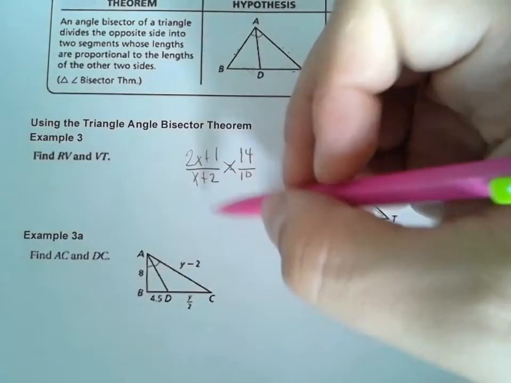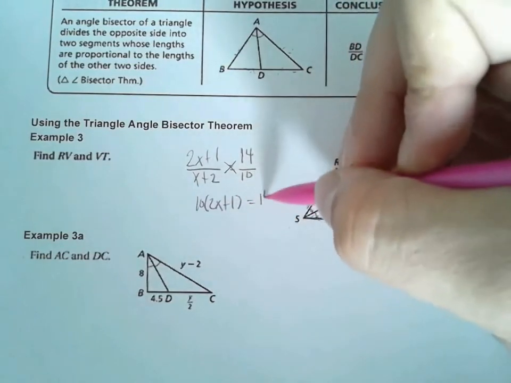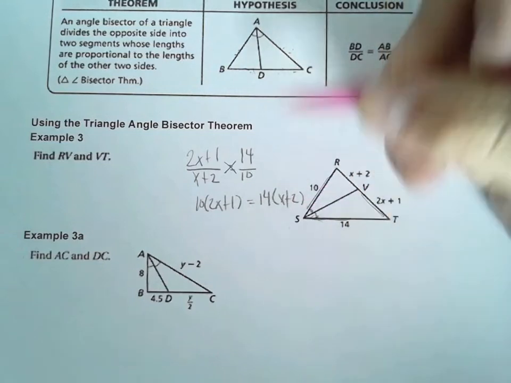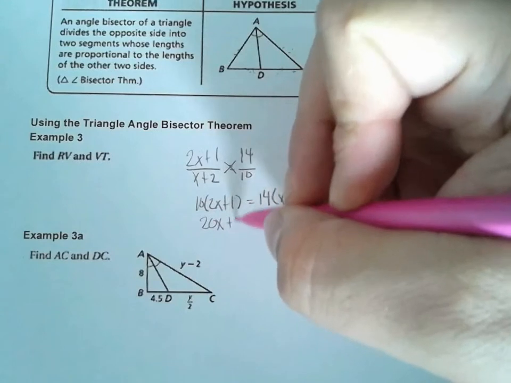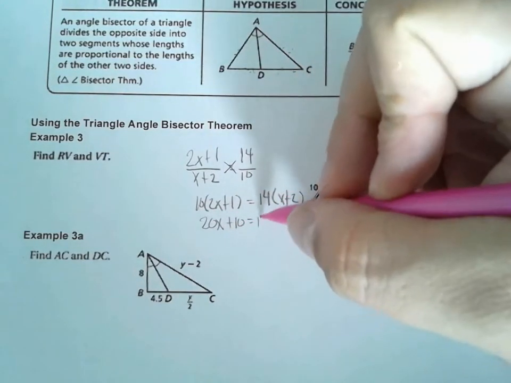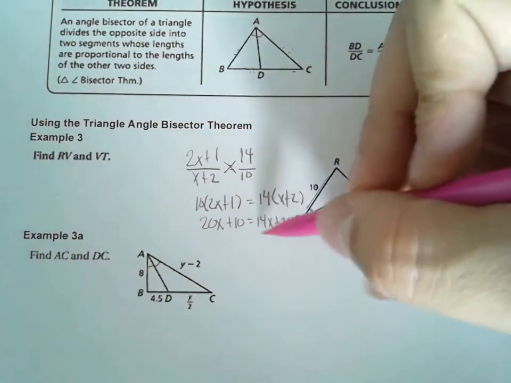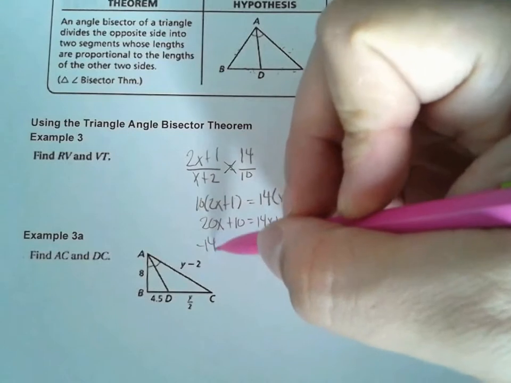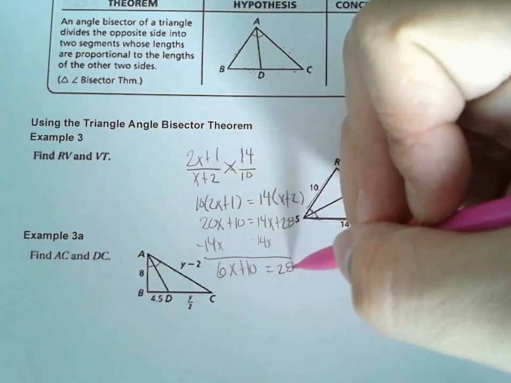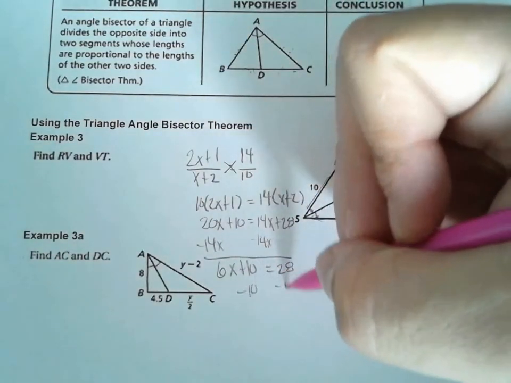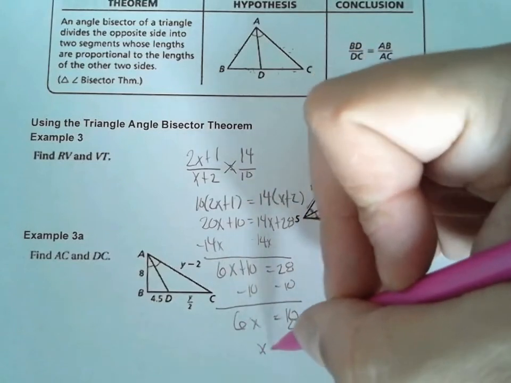Cross multiply, 10 times 2x plus 1 equals 14 times x plus 2. Distribute, 10 times 2x is 20x, 10 times 1 is 10, 14 times x is 14x, 14 times 2 is 28. I'm going to subtract my 14x, 6x plus 10 equals 28. I'm going to subtract 10, 6x equals 18, divide by 6, x equals 3.